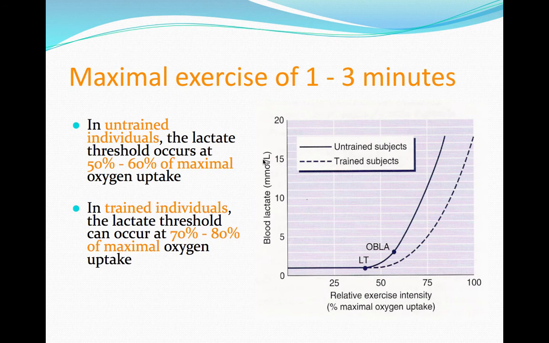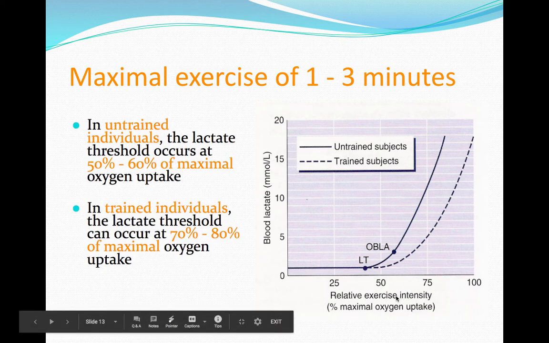In untrained individuals, the lactate threshold is going to occur at about 50 to 60% of maximal oxygen uptake. Same here, we've got exercise intensity increasing on the x-axis and blood lactate on the y-axis.